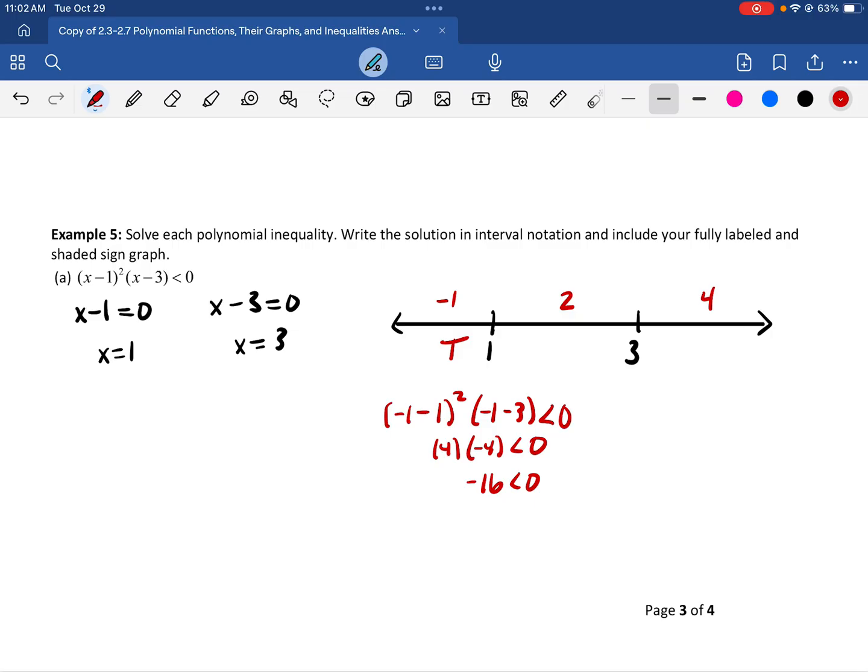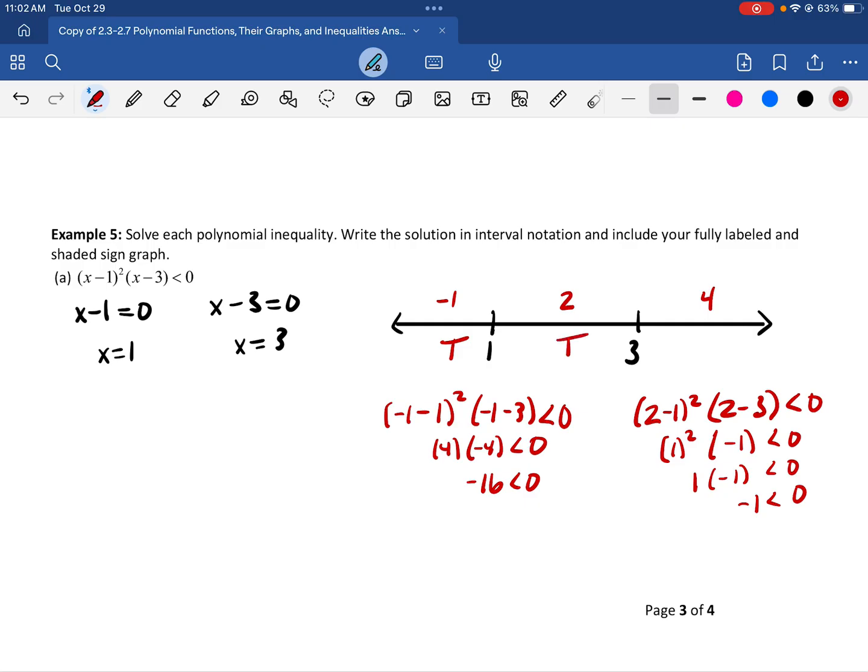We're going to test 2. So plug in a 2. 2 minus 1 is 1. 2 minus 3 is negative 1. That's going to be 1 times negative 1, which is negative 1. And negative 1 is also less than 0, so that one is true.